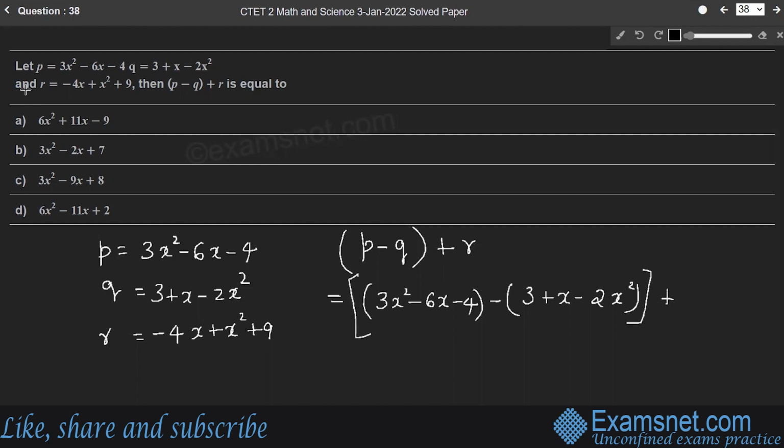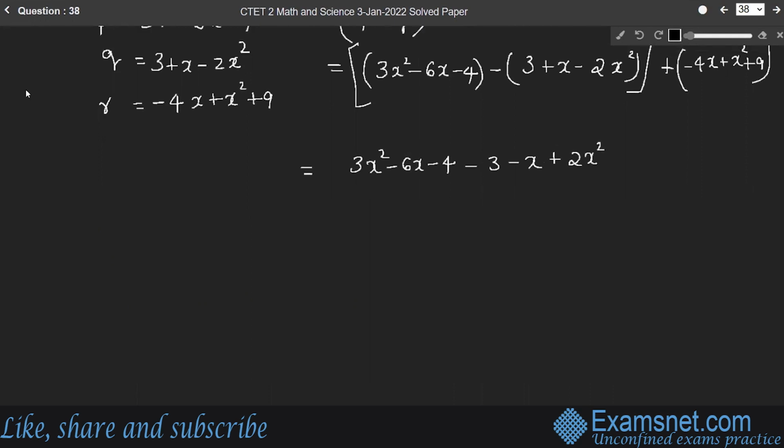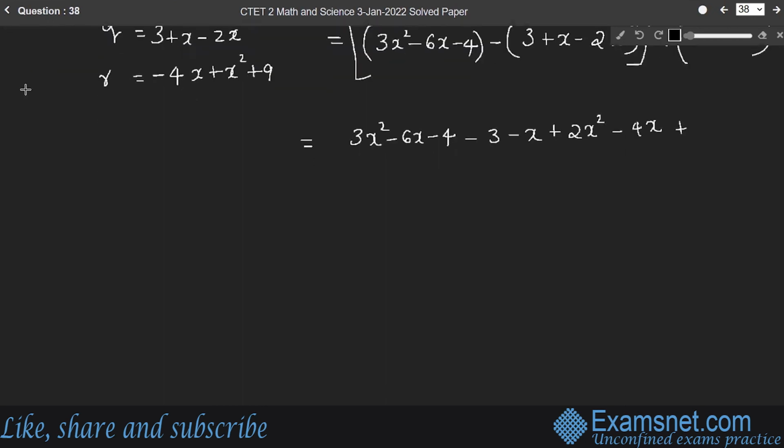Plus R, which is minus 4x plus x square plus 9, right? Therefore, 3x square minus 6x minus 4 minus of plus 3, minus 3 minus x plus 2x square. So plus of minus is minus 4x plus x square plus 9.